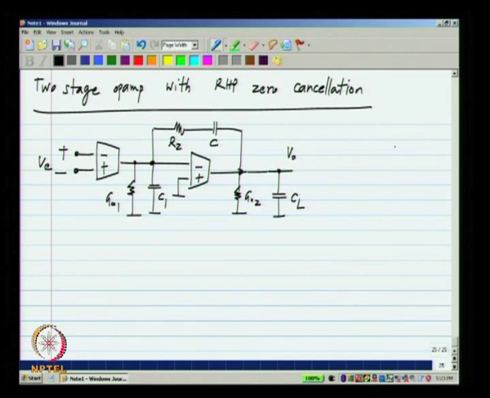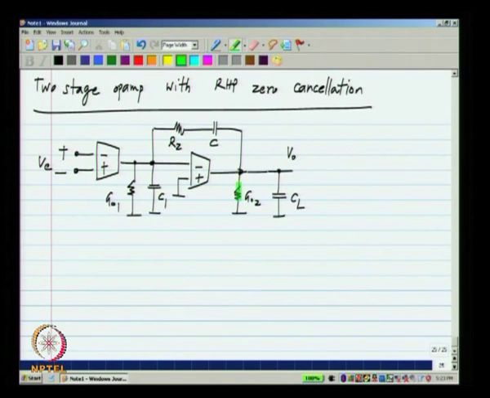Now, the transfer function of this can be evaluated in exactly the same way as before by writing the node equations, and before we do that, we should again see what is the number of poles and zeros we have. What do you think? Is it exactly the same as before? One difference from earlier case is that earlier also we had 3 capacitors, but the 3 capacitors were in a loop.